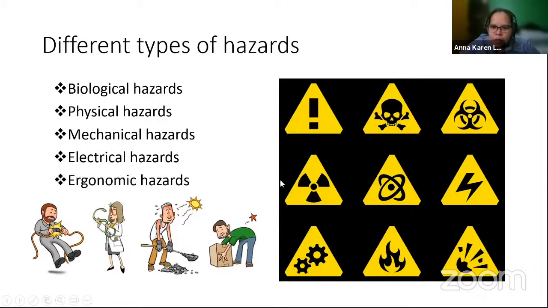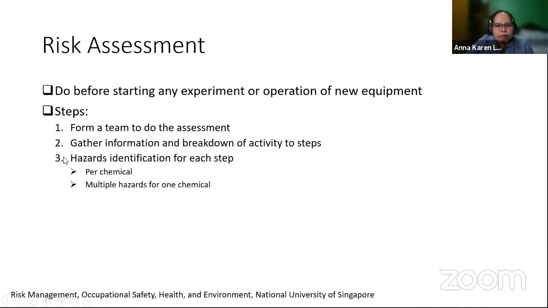These are the things you have to take note of in terms of the different hazards. And depending on the chemicals, you have different hazards as well. You have those that are radioactive, irritants, shock-sensitive explosives, flammables, etc. Hazard identification has to be per chemical.